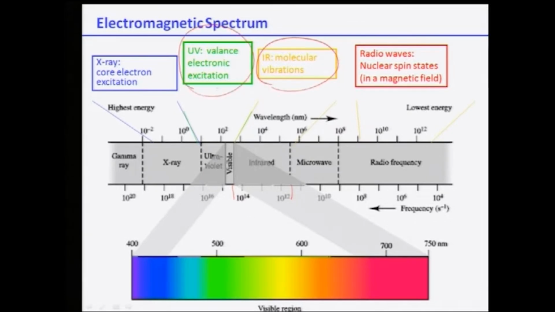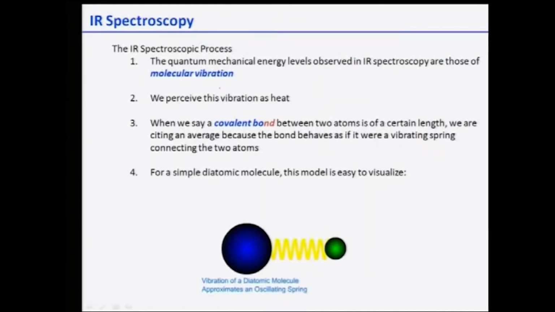We have already discussed UV visible, which can be used for valence electronic transitions, so IR is basically a complementary technique to UV visible. Infrared spectroscopy deals with quantum mechanical energy levels similar to the molecular vibrations. I do not have time to go into the quantum mechanical treatment of molecular structure. I hope you have already studied it in courses like physics of metals or other quantum mechanical courses.